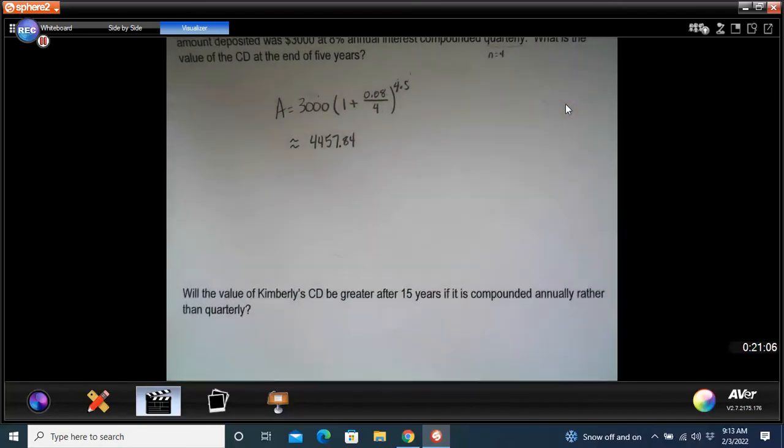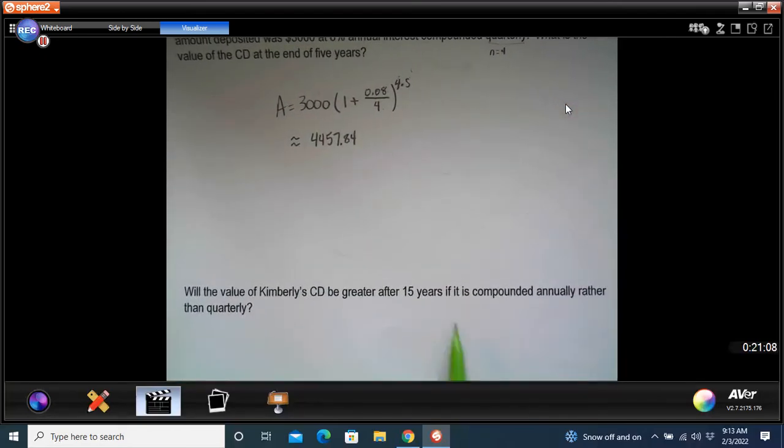Will the value of Kimberly's CD be greater after 15 years if it is compounded annually rather than quarterly? Compounded annually is the same as simple interest, because if n is 1, we're back to our simple interest formula. But I'll show you how that is.